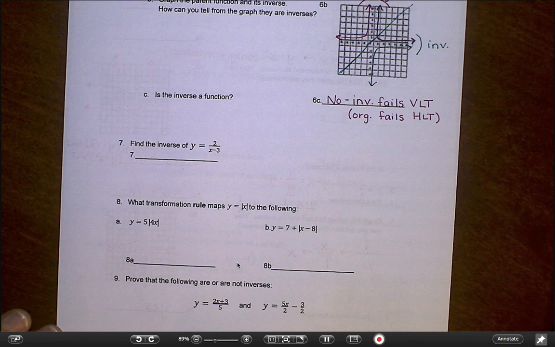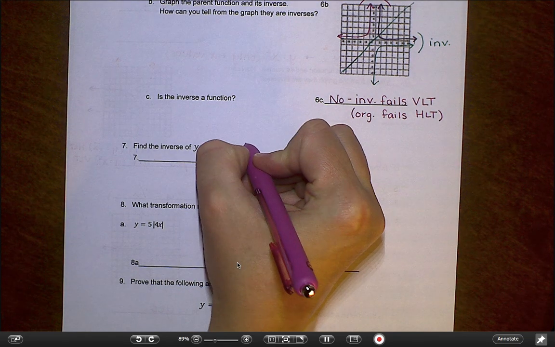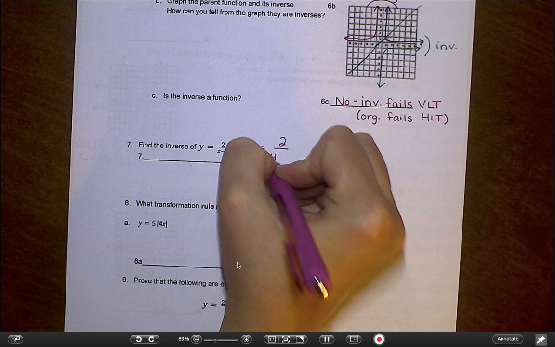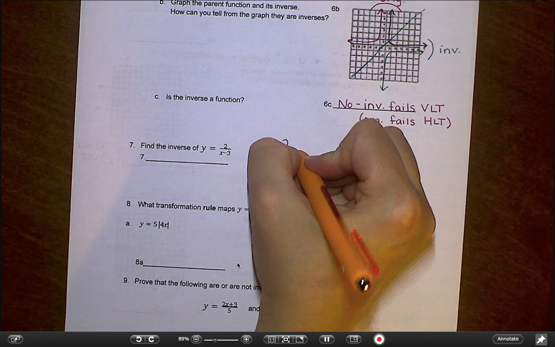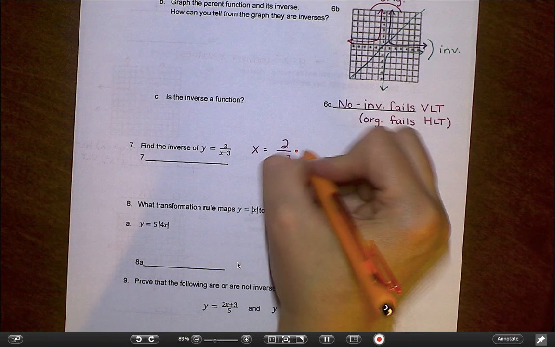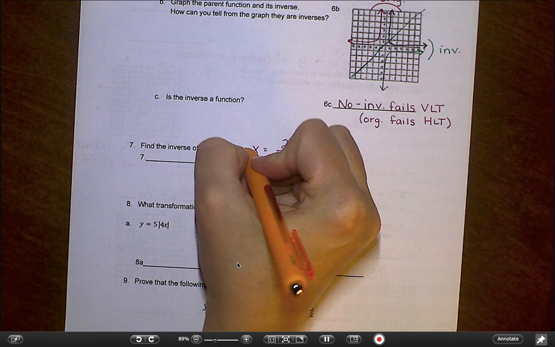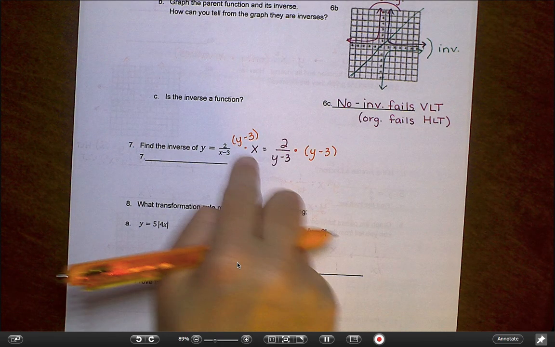Okay, some spacing got messed up here, but find the inverse of this guy. All right, so just like before, x equals 2 over y minus 3. So for this one, I would multiply this entire fraction just to get rid of that denominator by the quantity y minus 3. Multiply by that whole thing. I would not go ahead and distribute here though.